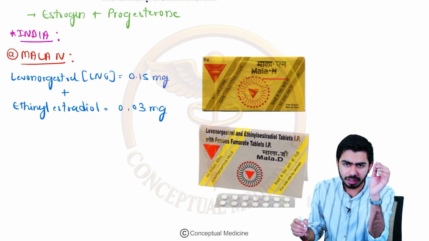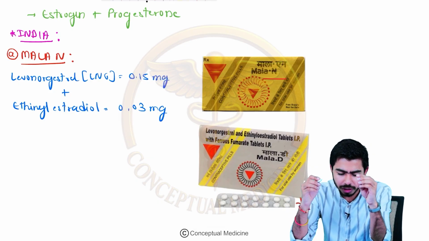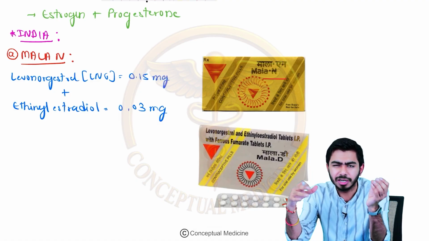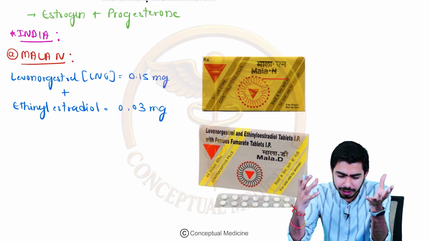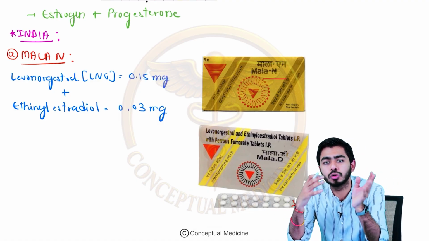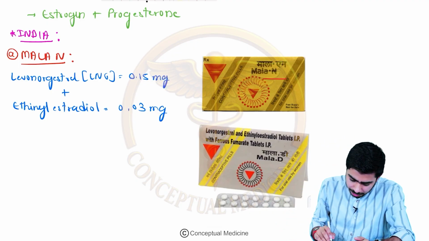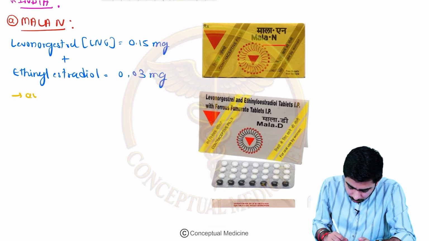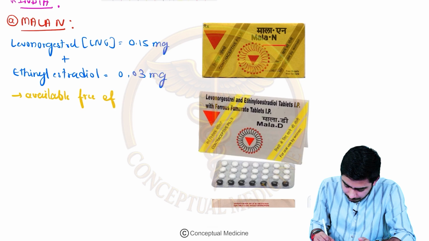The basic difference is that Mala N is provided free of cost to the community, basically in the villages. Mala D is available under the social marketing scheme. Mala N is available free of cost from the government of India side.